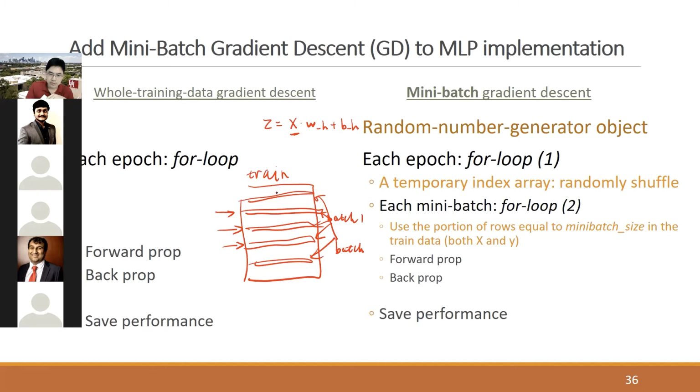So one way to do that is you restore the training set and simply take portions in order. And when you go to the next main for loop, you resort the training set, or you randomize the training set and take portions in order. In practice, we don't typically change the order of the training set, because in that case, you mess up the original training set. It's not a good idea to do that.